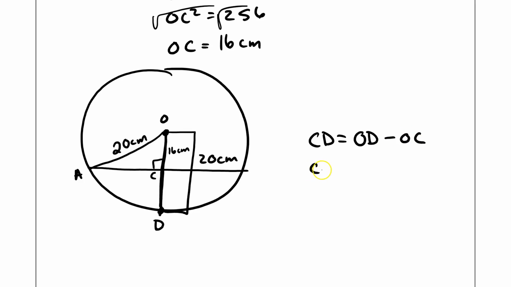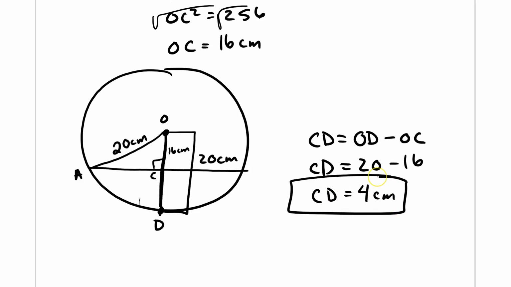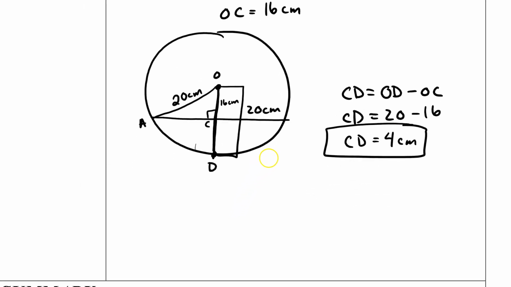So CD, this little section right here, equals 20 minus 16. So that means that CD equals 4 centimeters. Boom. So like I said, folks, this is just a whole bunch of brain puzzles. This is the very definition of brain candy.